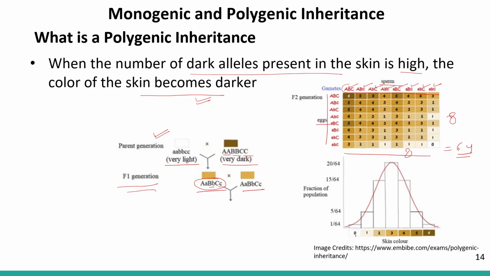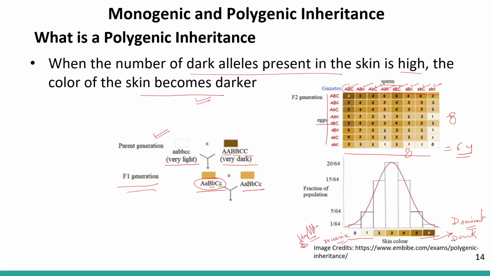So we can see here 0 to 1. This is showing the quite recessive, and here we can see the dominant, that is the dark. And here the skin color is showing the light. Okay.